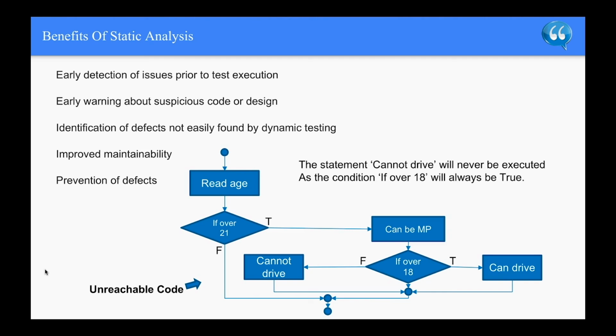In this example, the statement cannot drive will never be executed, as the condition of being over 18 will always be true. So it's unreachable code. In static analysis, it is much easier to identify these than with dynamic testing.